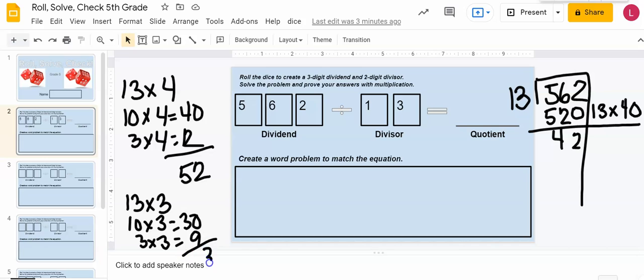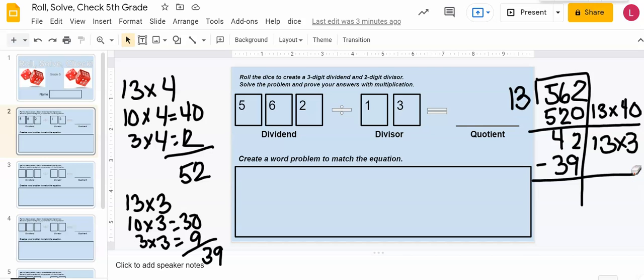So together, that is 39. Would that work? Yes, that would work. 13 times 3 would be 39.